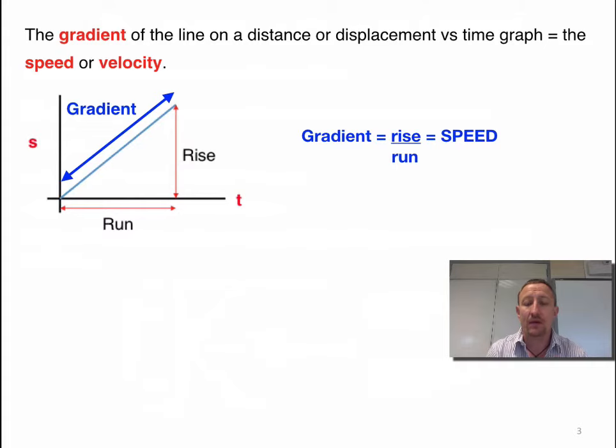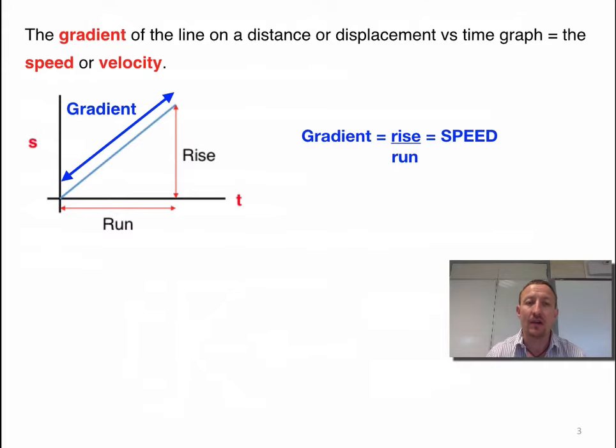That's our rise. Then we need to work out how far along it went. That's our run, up to that point. And then we divide our rise over our run. And on a distance time graph, the rise over run, or distance over time, we classify as our speed.